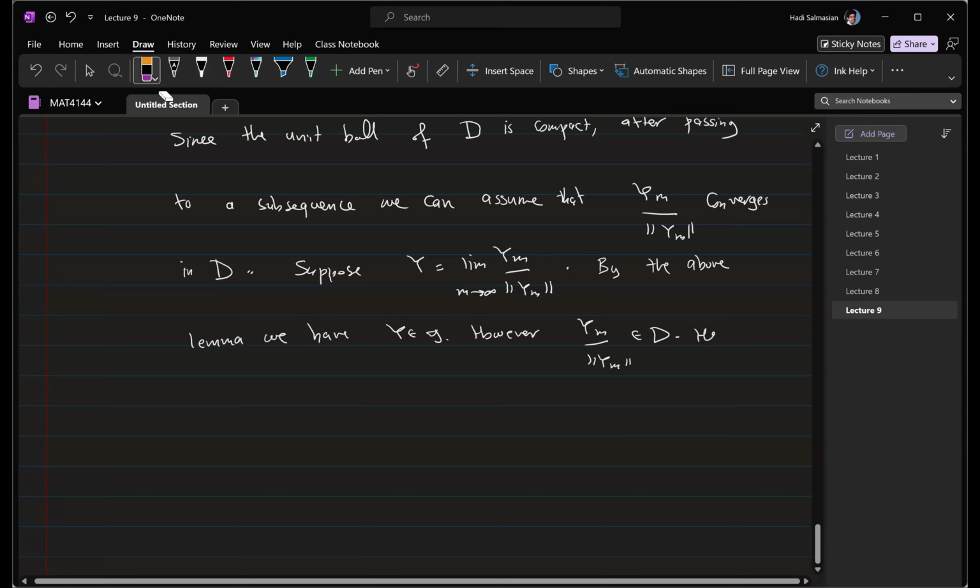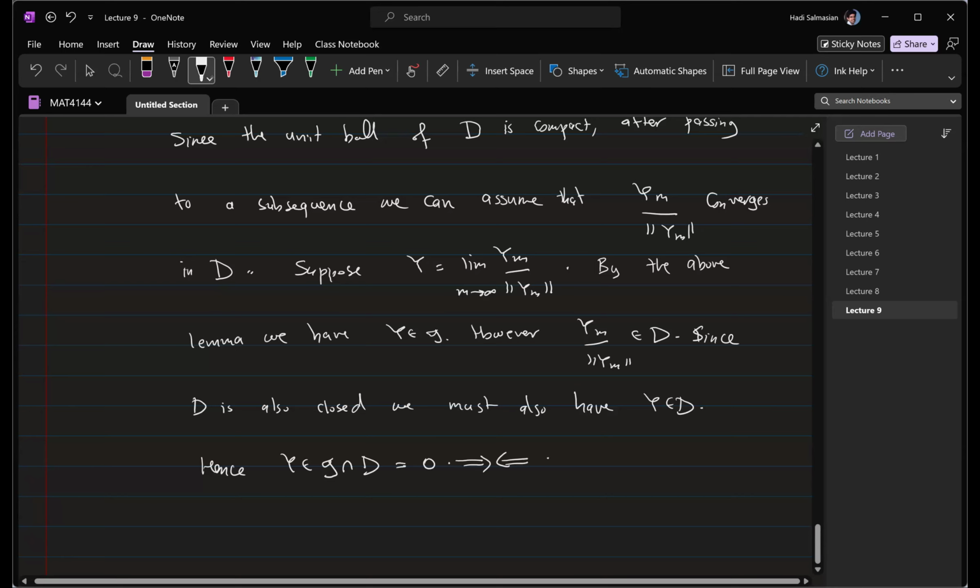So since D is closed, we must also have y in D, hence y would belong to G intersect D, which is 0. But that cannot be the case.